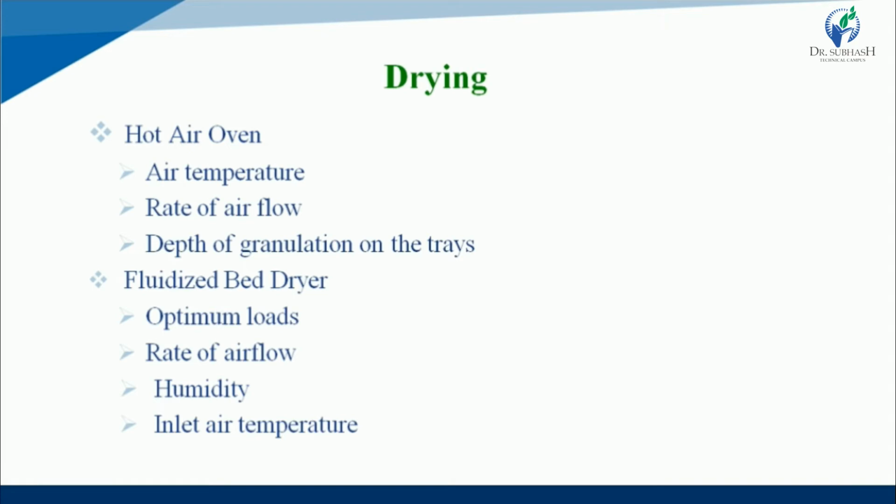In a fluidized bed dryer, optimum load is adjusted, rate of airflow is maintained, and humidity and inlet air temperature are maintained with the help of buttons available on the fluidized bed dryer. Both are examples of drying equipment: hot air oven and fluidized bed dryer.